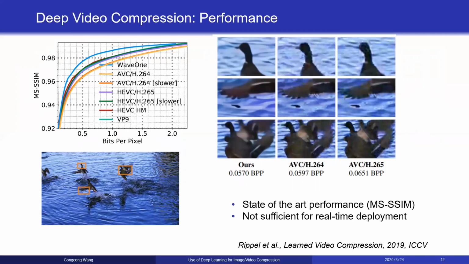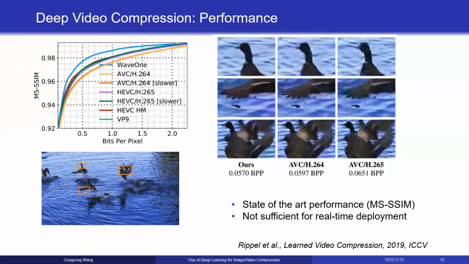So how is the state of the art now for deep video coding? A sophisticated deep video coding framework was proposed in ICCV 2019. The method uses a deepened version of the traditional video coding, and they extend the motion part. As I mentioned previously, the motion part is very important.